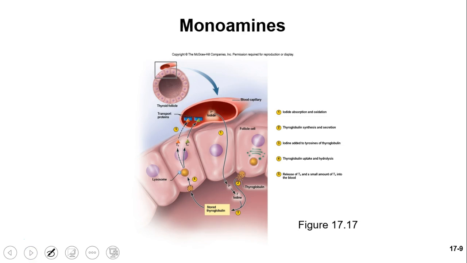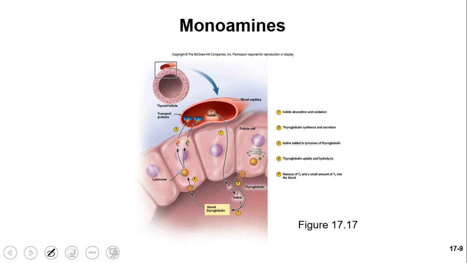Let's talk about this monoamine and how we make this thing. What happens is iodine from the blood is absorbed and oxidized. And then the follicle cells synthesize this protein called thyroglobulin.